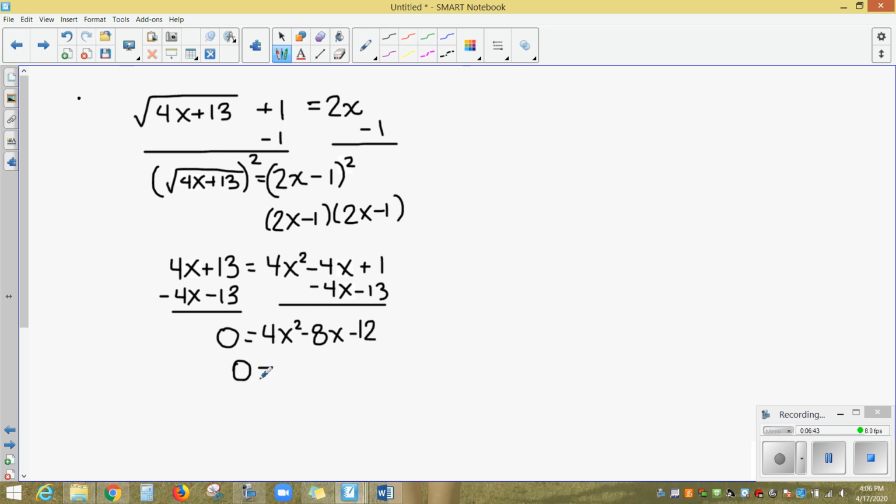If I want to get this right side factored, I could start by taking 4 times negative 12 and find the factors of negative 48 that add to be negative 8. Or the shorter path is if I notice the greatest common factor of all of those terms being 4. I can factor x squared minus 2x minus 3. It might even be the same one that I just factored in the other problem.